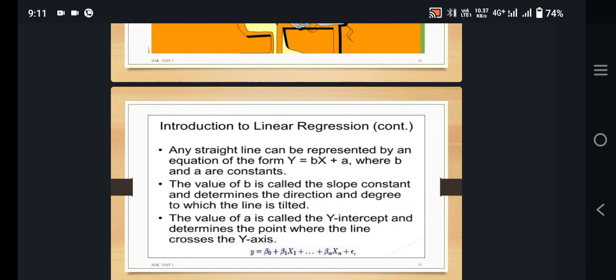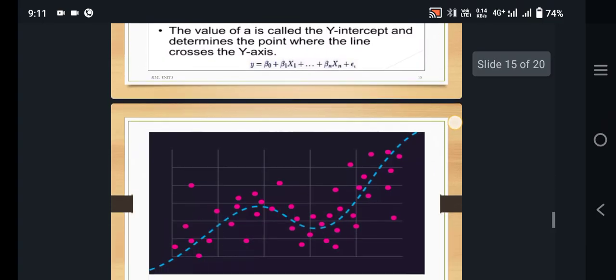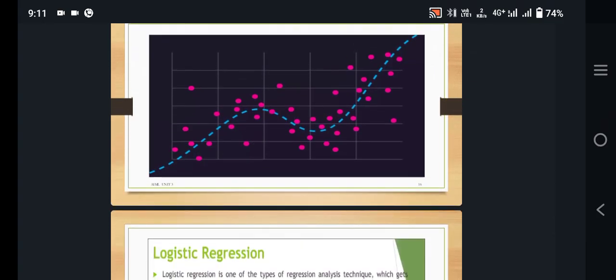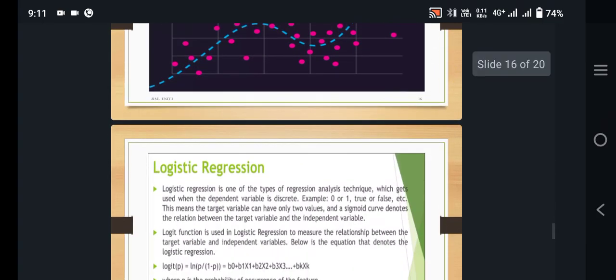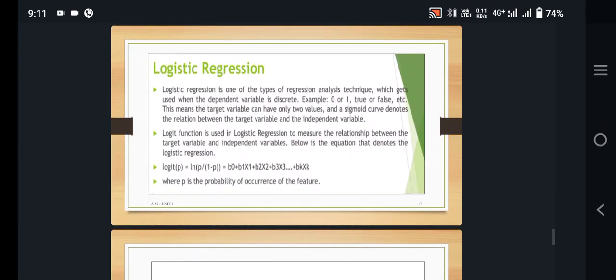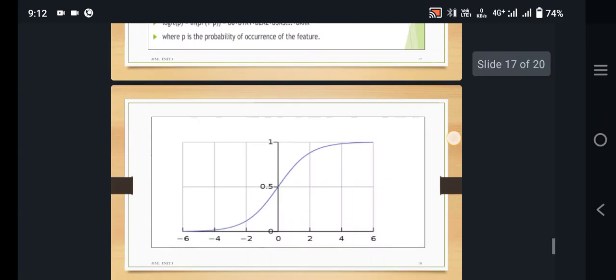Linear regression is represented by the equation y equals bx plus a. Here a and b are constants. This is the curved non-linear regression. Logistic regression. Logistic regression is one of the types of regression analysis technique which gets used when the dependent variable is discrete.